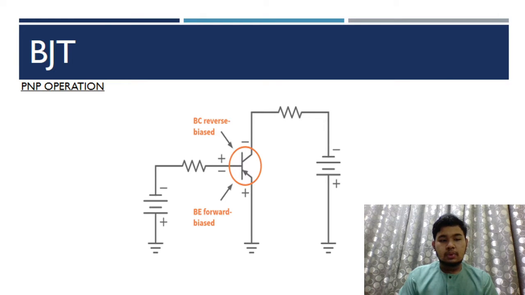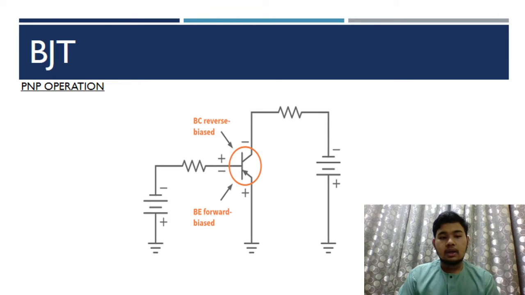Okay, next, PNP operation. The operation inside a PNP transistor is very similar to the NPN type, but the roles of the electron and hole are swapped. The external bias voltage and the current direction are all reversed.